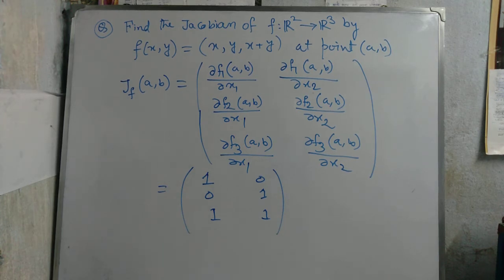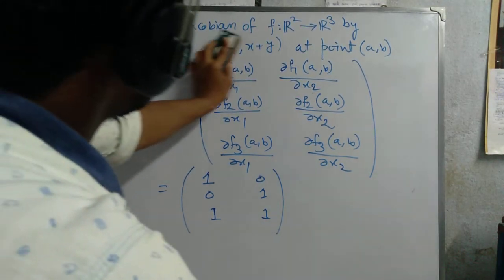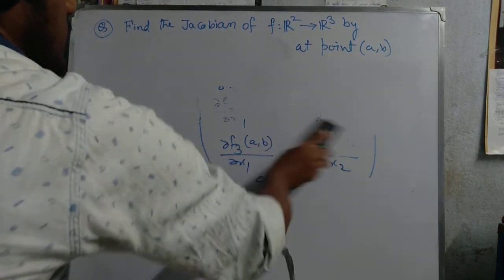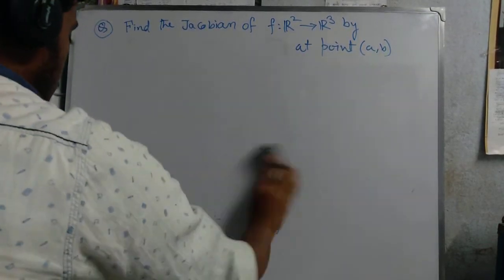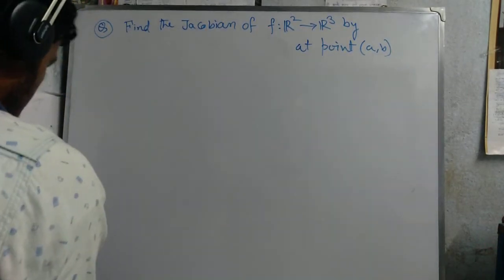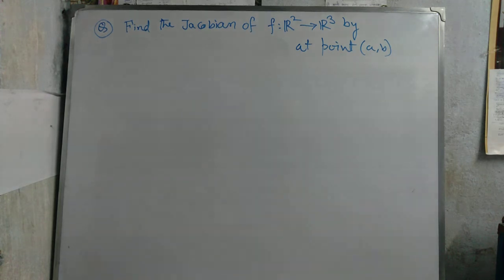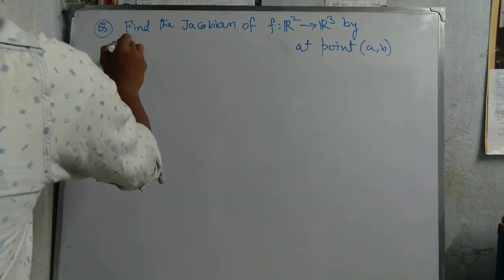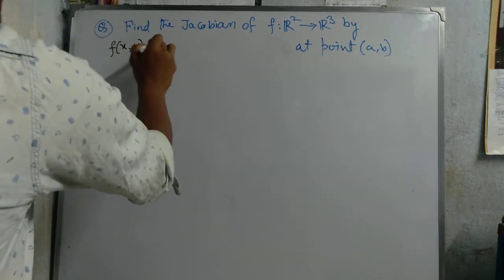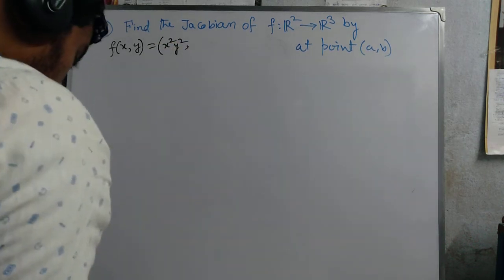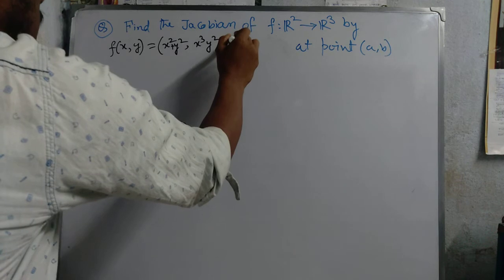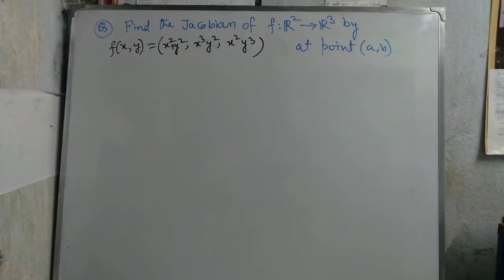Now we erase this portion and find the Jacobian of another function, again at point (a,b). Here f(x,y) = (x²y², x² + y², x³y², x²y³) at point (a,b).